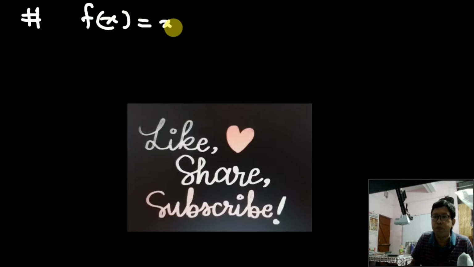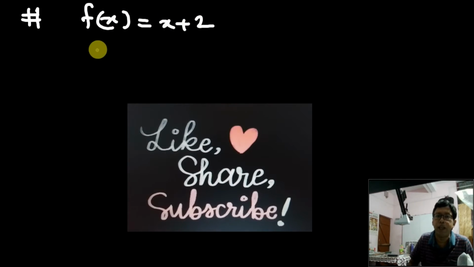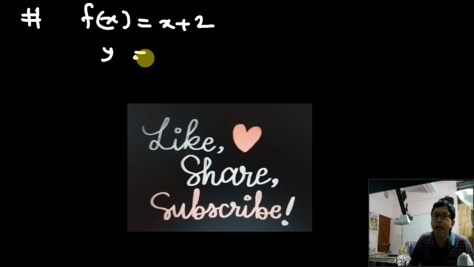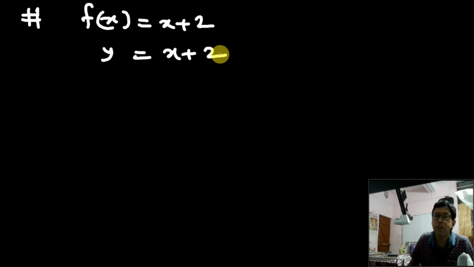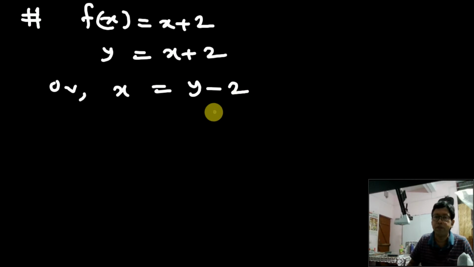Suppose you have been supplied a function f of x is equal to, say, x plus 2, whatever you say. You take it as y. So y is equal to x plus 2. Now you have to express x in terms of y. So x is equal to y minus 2. Now see the right expression, this is y minus 2.